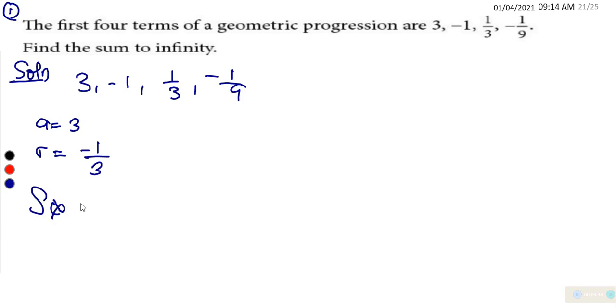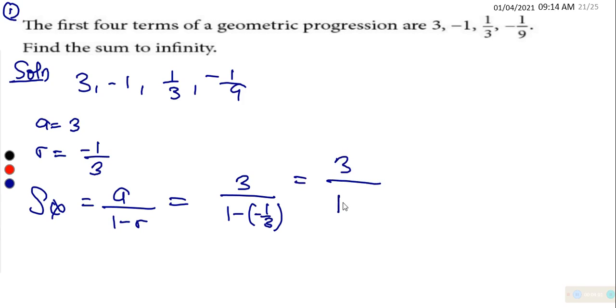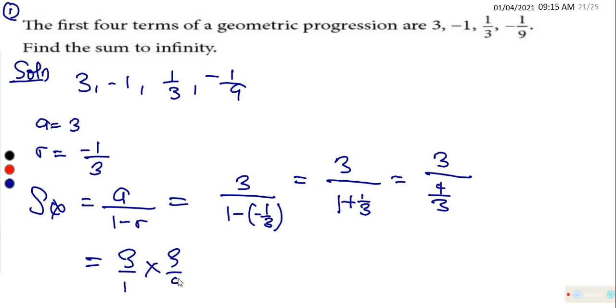So sum to infinity by formula is a over 1 minus r, and this is 3 over 1 minus minus 1 over 3, which is 3 over 1 plus 1 over 3, which is 3 over 4 over 3, and that can be given as 3 times 3 over 4, which is 9 over 4. Therefore, sum to infinity of this GP is 9 over 4.